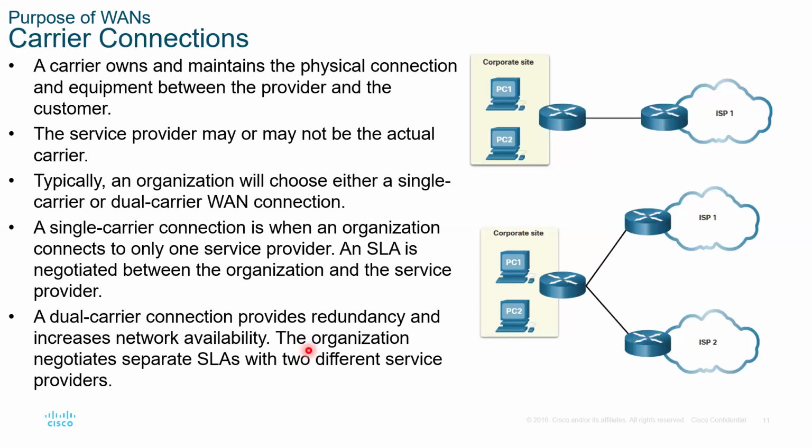By definition, a carrier owns and maintains the physical connection and equipment between the provider and the customer. The service provider may not or may be the actual carrier. Right. By definition, what is a carrier?